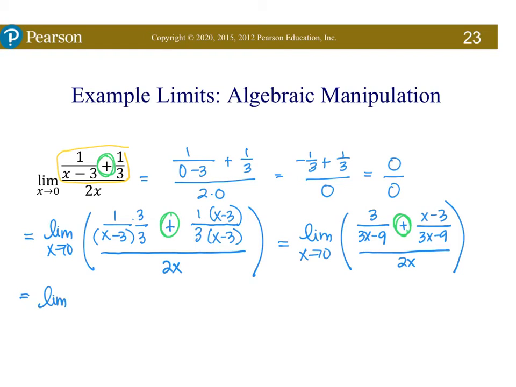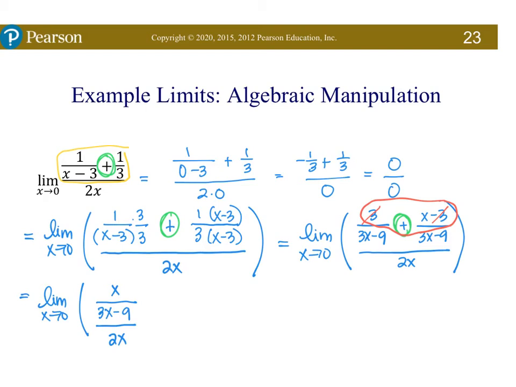Equals, limit as x approaches 0, parentheses. Now I'm going to group my numerators together. So my numerator is 3 plus x minus 3. When I group those numerators together, the lead 3 cancels out the negative 3, and I'm left with x over the denominator 3x minus 9 over the original denominator 2x.